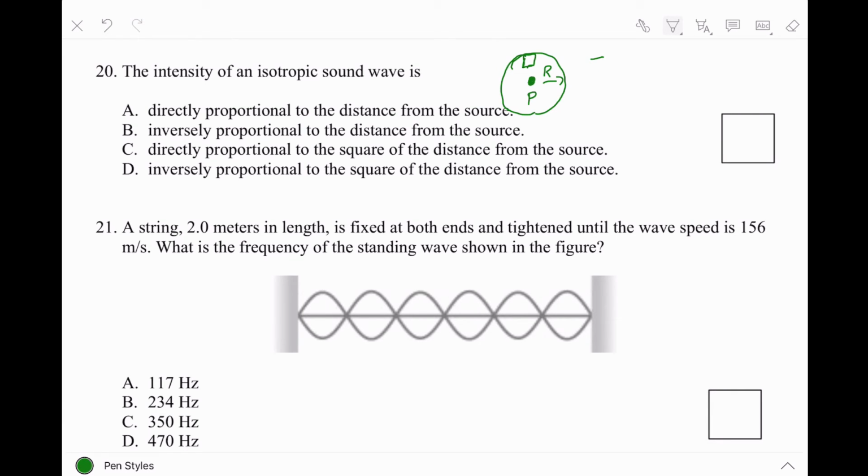So intensity is power per area. Because you have a point source, it spreads like a surface, and the surface area is 4 pi r squared. So I is proportional to 1 over r squared. Therefore, it's inversely proportional to the square of the distance from the source. The answer is D.